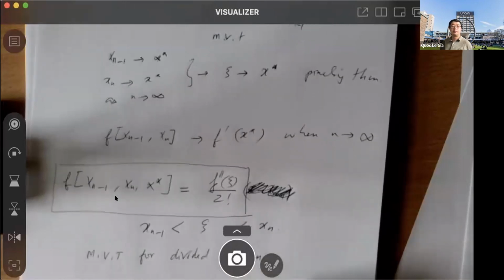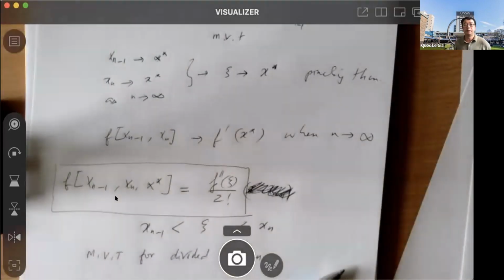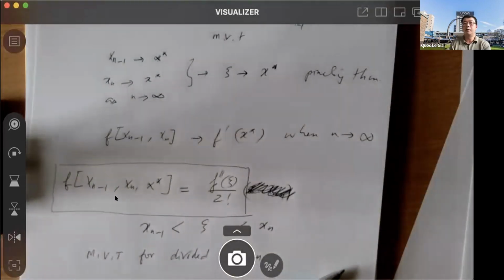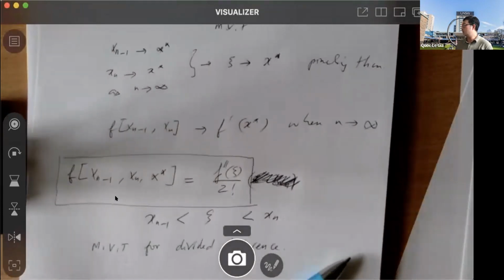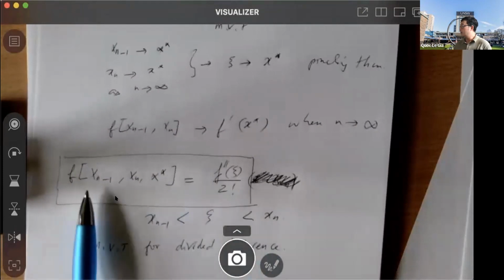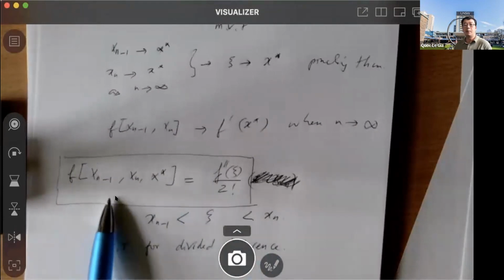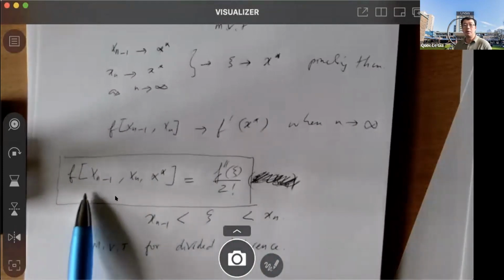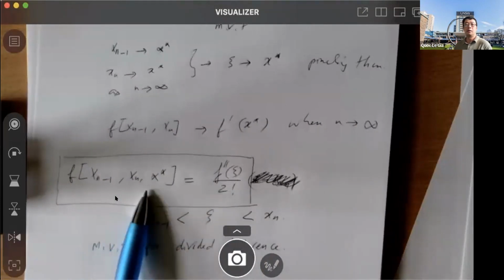Check the slides of the previous lectures in the interpolation, just the very last theorem, the theorem right before the errors of the interpolation. That's the mean value theorem for the divided difference.